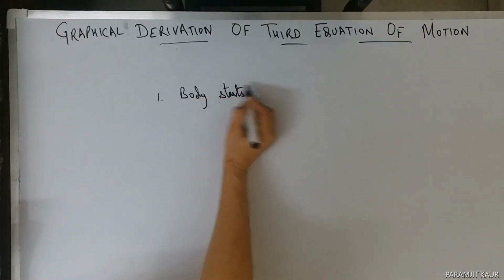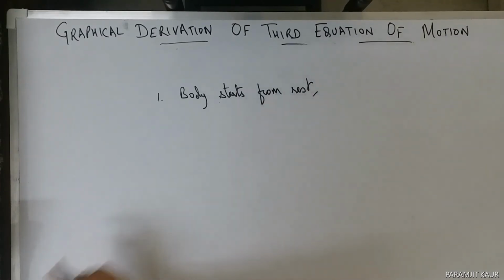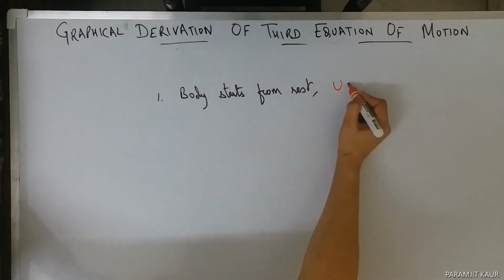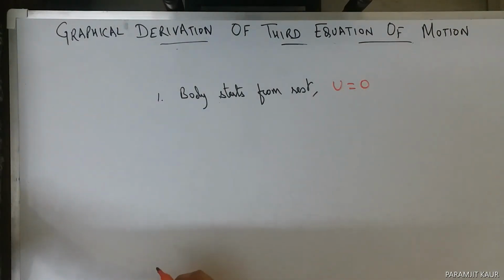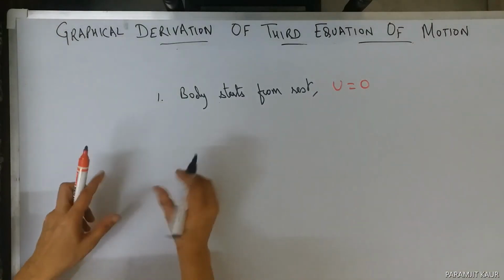If it is given that the body starts from rest, that means u equal to 0, because it is starting from rest, there was no initial velocity.